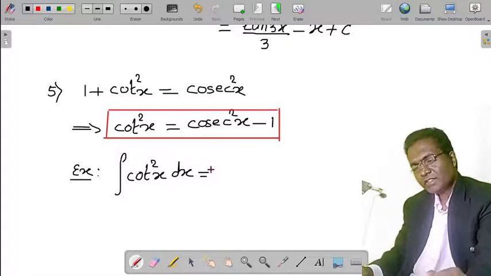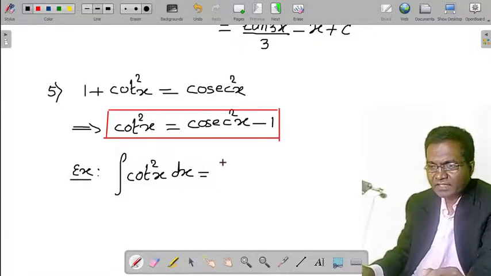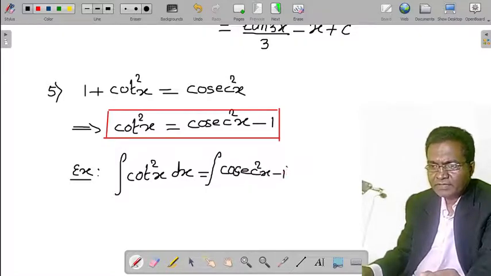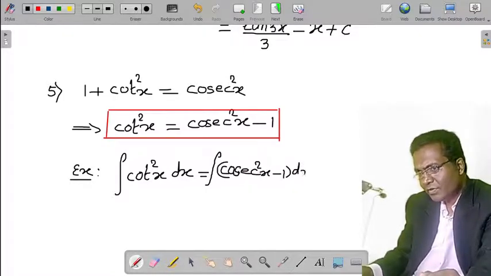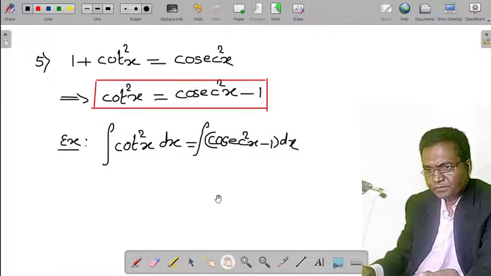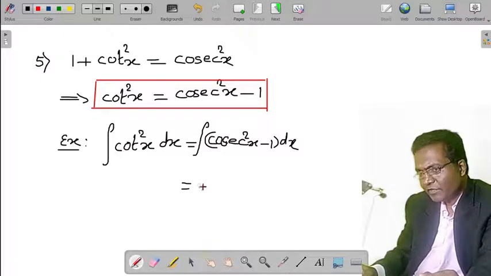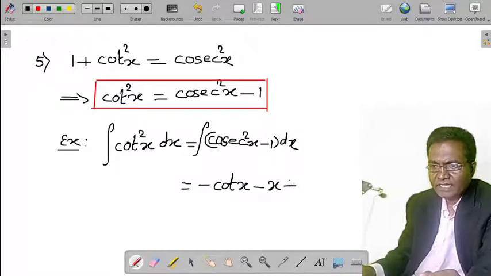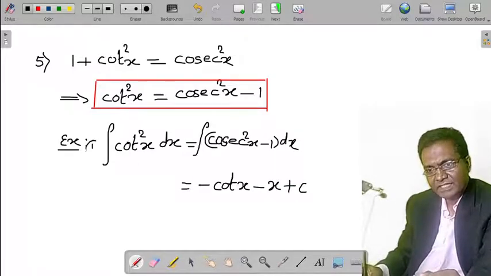Cot square is not the derivative of any standard function, so you have to replace it by this: the integration of cosec square x minus 1 into dx, which equals the integration of cosec square, which is minus cot x, minus the integration of 1, which is x, plus c.